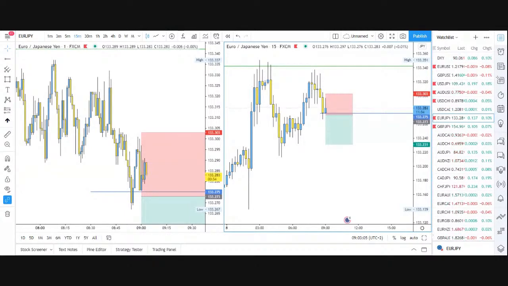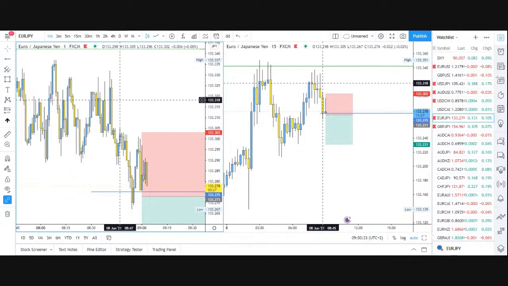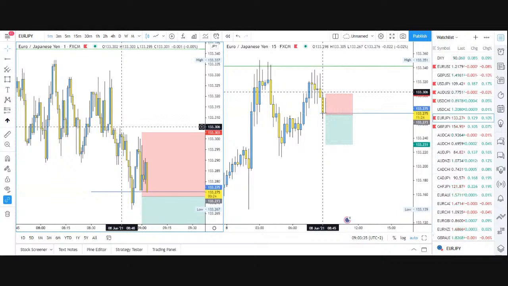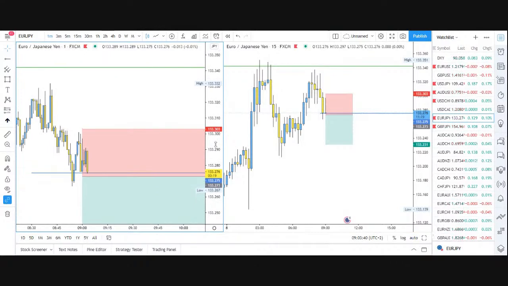So I didn't enter. What do you call this? This is 133.273. 133.303 place. Okay, we just placed this trade on Euro JPY.